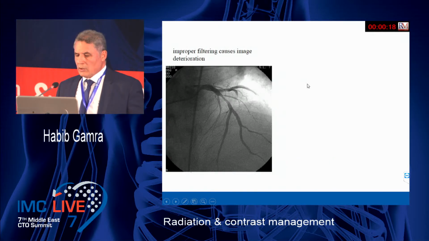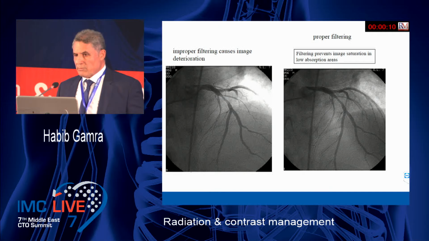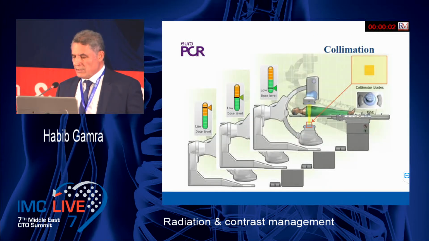Also, using filtering can improve the image without having to increase the number of frames. Like in this case, filtering would prevent image saturation in low absorption areas. Collimation is something that is very advisable.